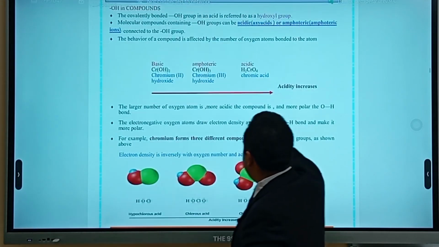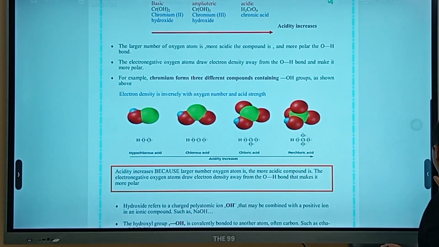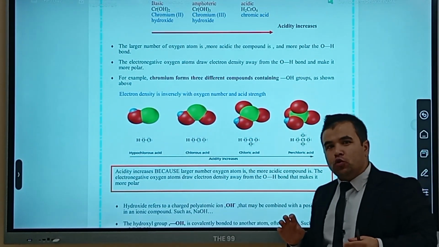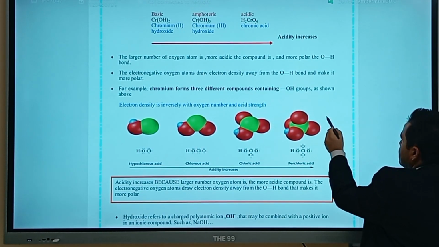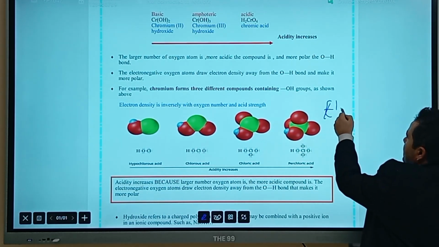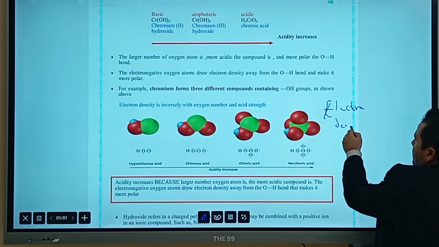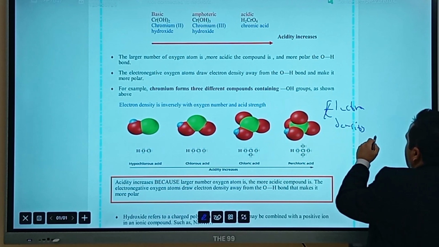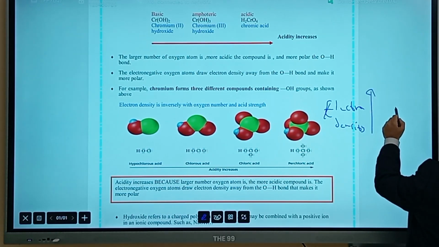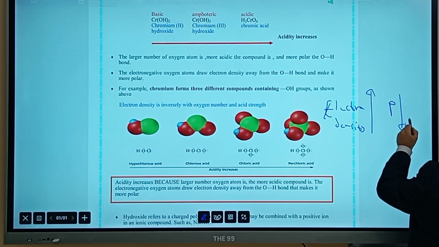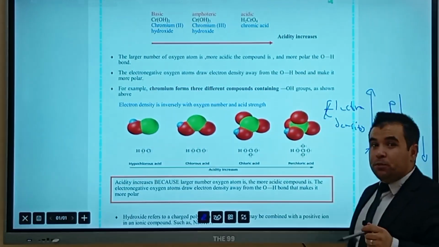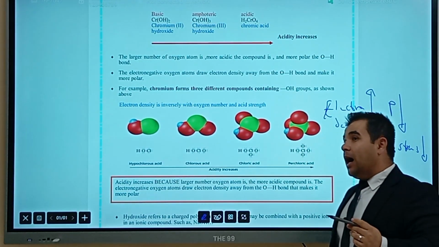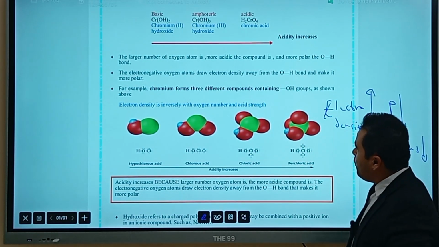And here, previously in the strength of the acids, we talked about the electron density. We said as the electron density increases, the polarity decreases, and then the acid strength decreases as well. So what's the relation between electron density and the strength of the acid? It is inversely proportional.